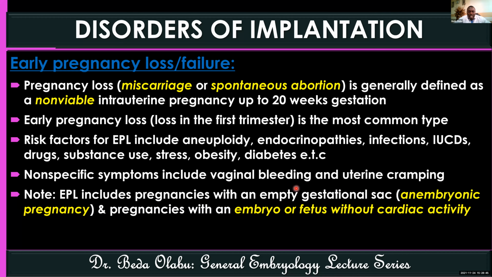So it could be a scenario where, yes, the conceptus is there, but the inner cell mass is non-viable, which means that the embryonic tissue is non-viable, yet the trophoblast is still intact. That is what we call the anembryonic pregnancy.